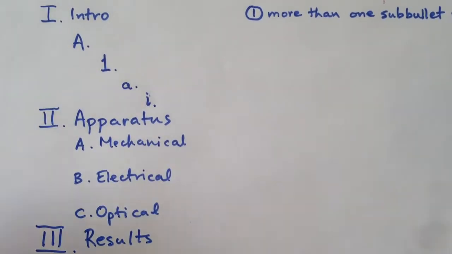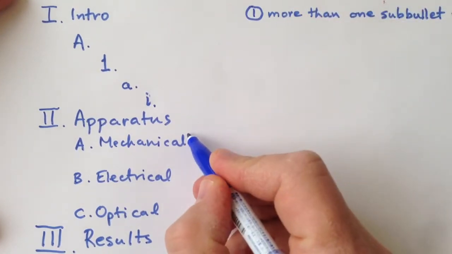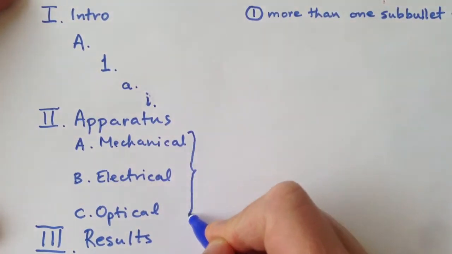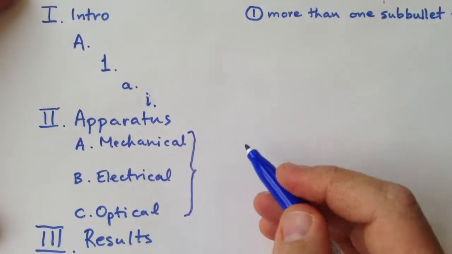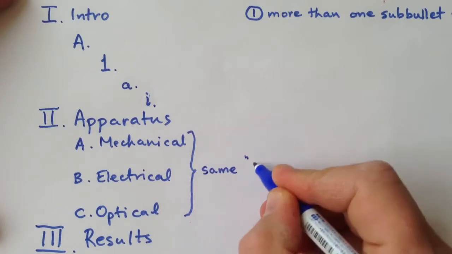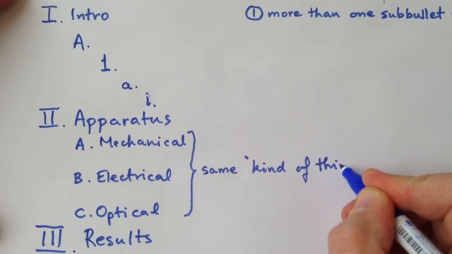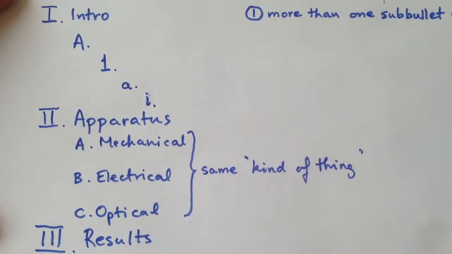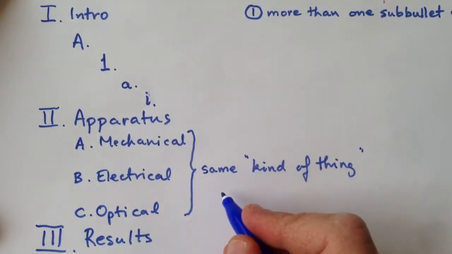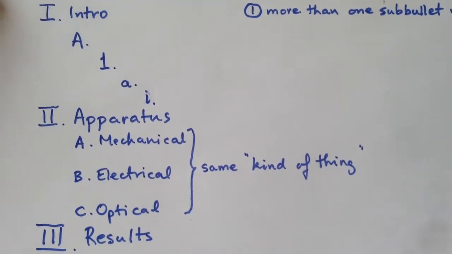All right. Another rule that you have to follow in making an outline is that these sub-bullets, anything at the same level of a hierarchical list, has to be the same kind of thing. I'll give you an example. Here, mechanical, electrical, and optical, they're all kinds of apparatus, and so they're justified to be at the same level.